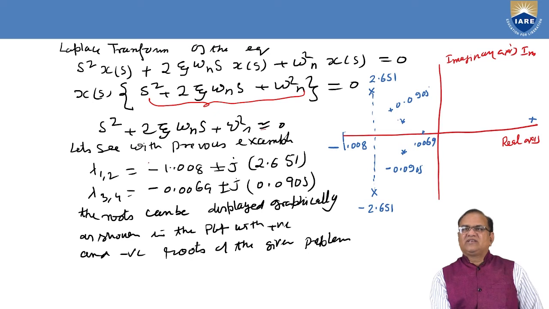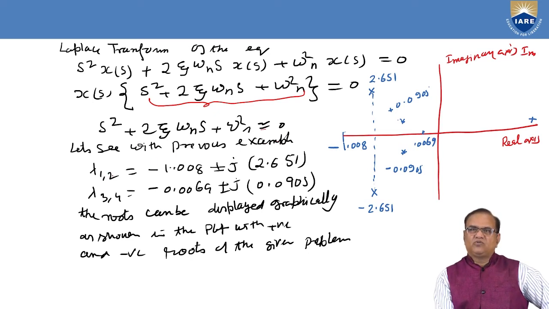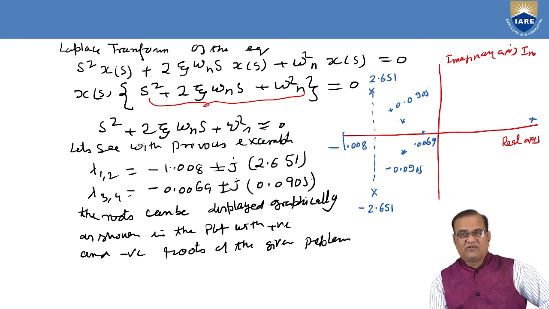Let's see with a previous example. If you solve this, you will get two pairs of conjugate roots. Here lambda 1,2 is equal to minus 1.008 plus minus j 2.651. Another pair of roots, lambda 3 and 4, is minus 0.0069 plus minus j 0.0905.